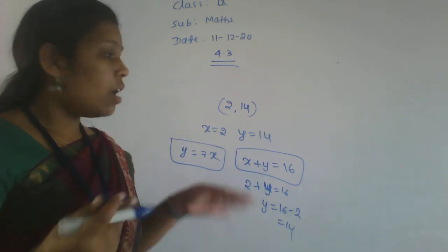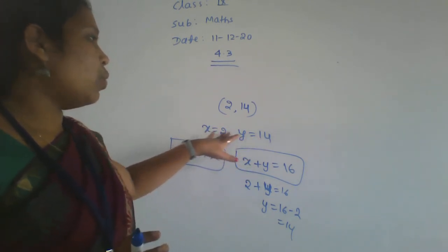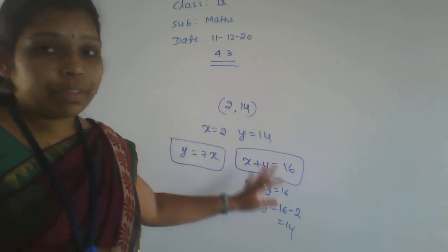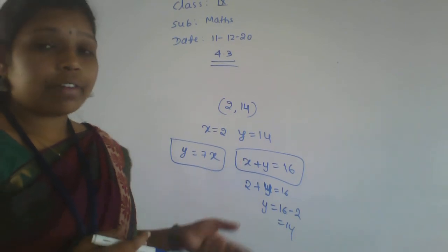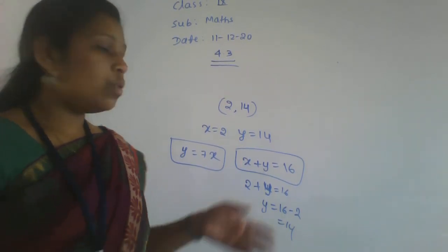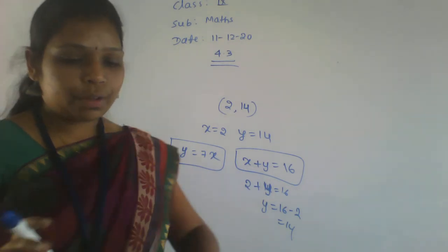Our intention is that whenever x is 2, y has to be 14. Like that we can make any equation, any number. There will be an infinite number of equations, and these are two among them. Okay. So next, let's go for the third question.